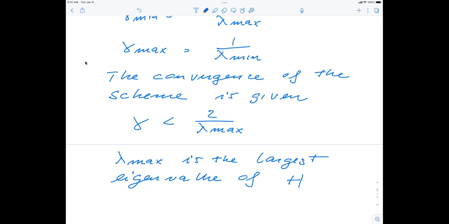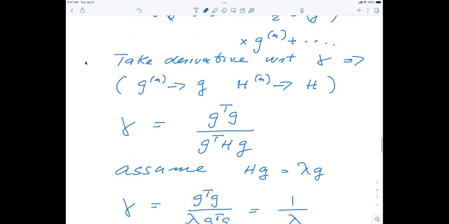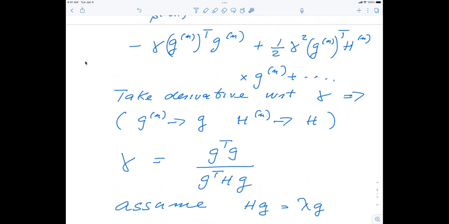For those of you online, in the calculations which we did here, I suppressed the fact that H actually depends on the parameter beta at an iteration n. So if you want to use this recipe, you would actually have to change your gamma for every iteration. And that becomes expensive. So you see the bottleneck with the optimization is related to the calculation of this second derivative, which enters your Newton scheme.